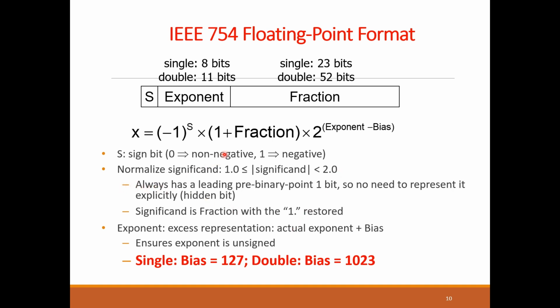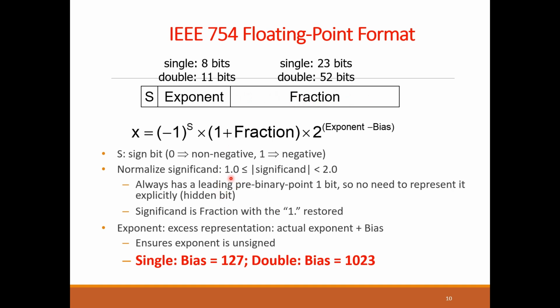If it is 1 plus the fraction with these 23 bits of fraction, the mantissa will be at most 1.11111, so very close to 2. And if the fraction part is all 0, it is still 1.